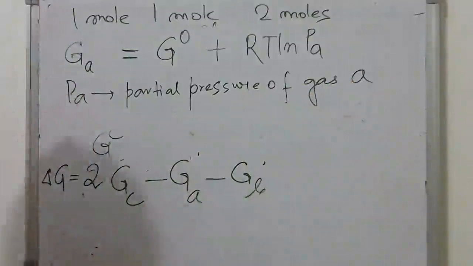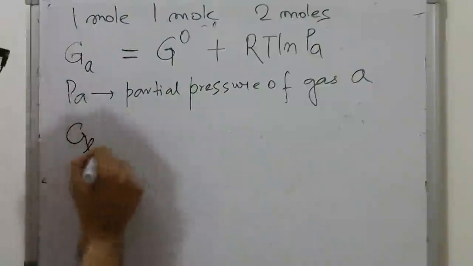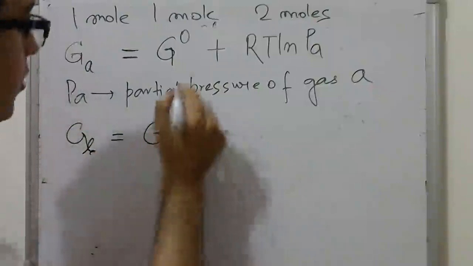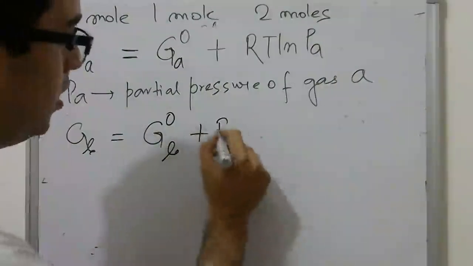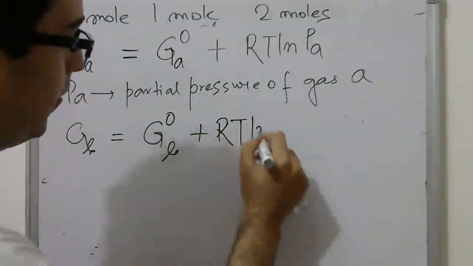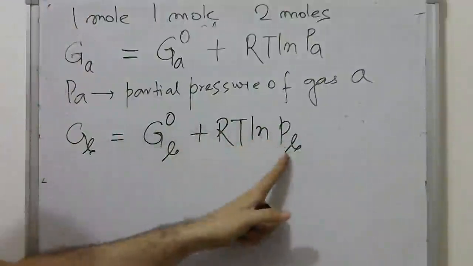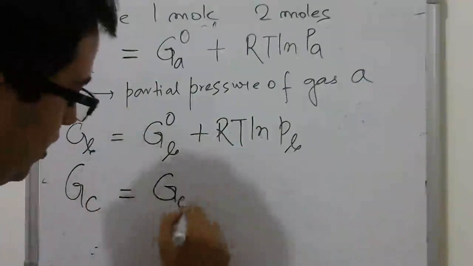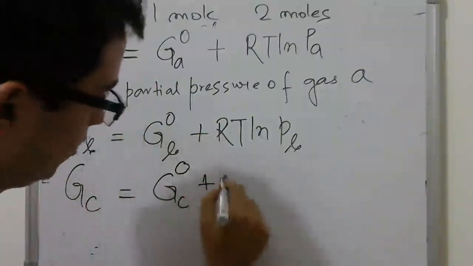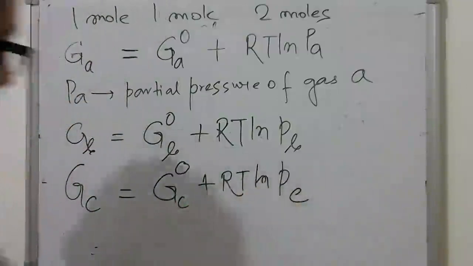Similarly, GB is written as GB0 plus RT ln PB. Partial pressure of B is PB, and GC is GC0 plus RT ln PC.